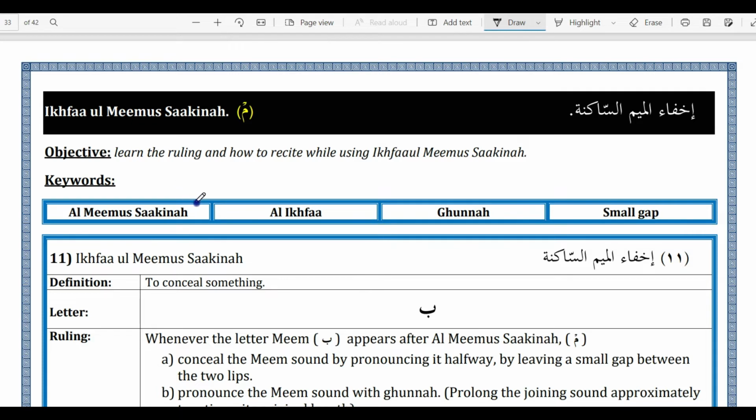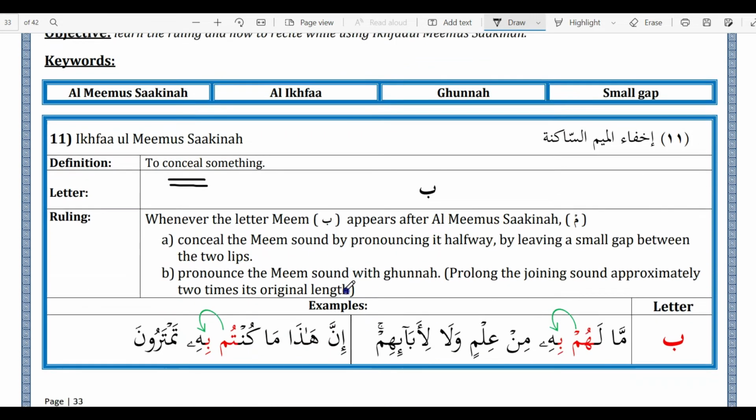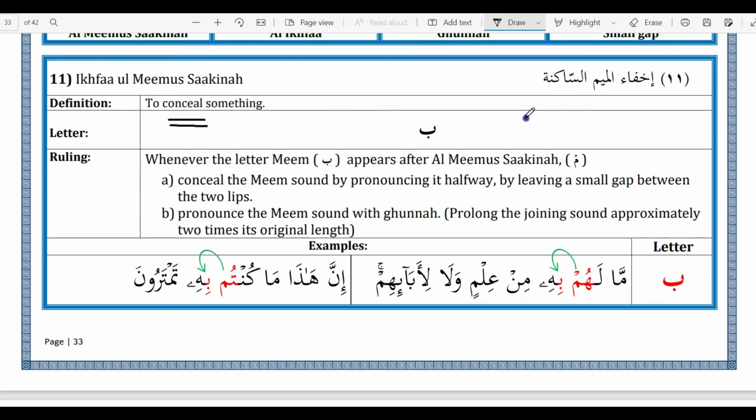The second part of Ahkaamul Meemus Saakinah is Ikhfa'ul Meemus Saakinah or Ikhfa'ul Shafawi. And Ikhfa, we studied that word also, and we said it means to conceal something or to hide something. The letter here for Ikhfa'ul Meemus Saakinah is also one letter, and that is Ba.